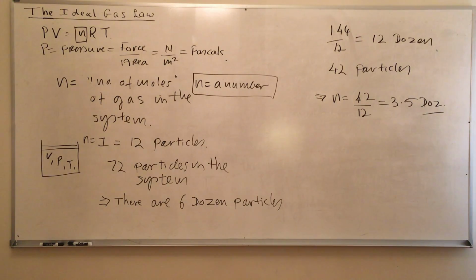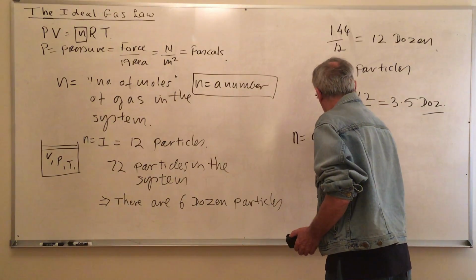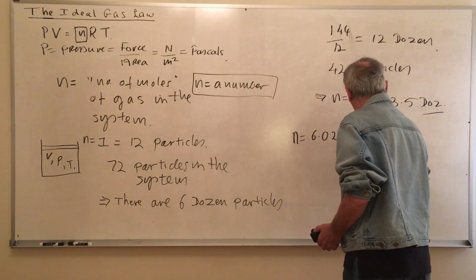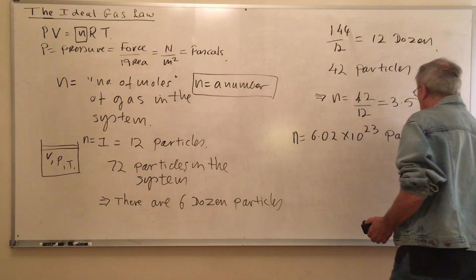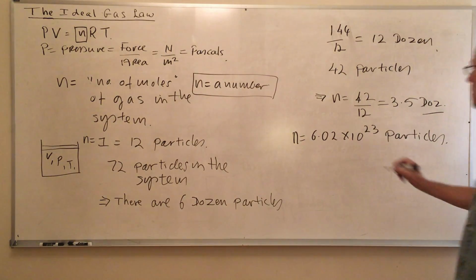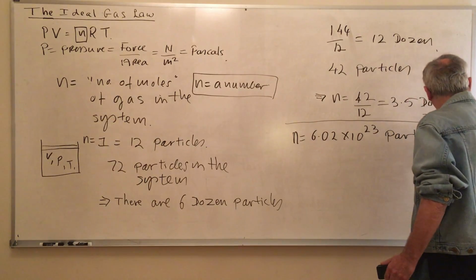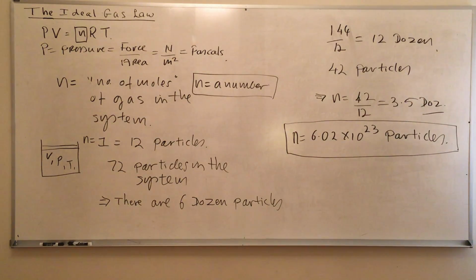But n is not that. N is a different number. Now, n is a number of particles, so it doesn't have joules in there, it doesn't have kilograms in there, it's a number of particles. It has a special reason for being that number, and I'll give you this reason in a minute.